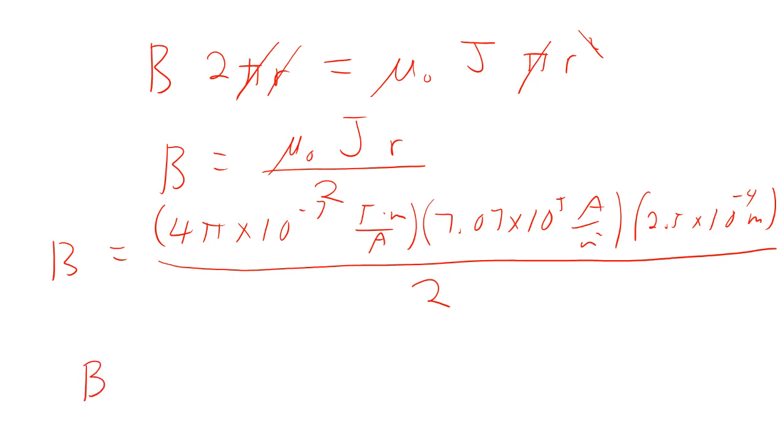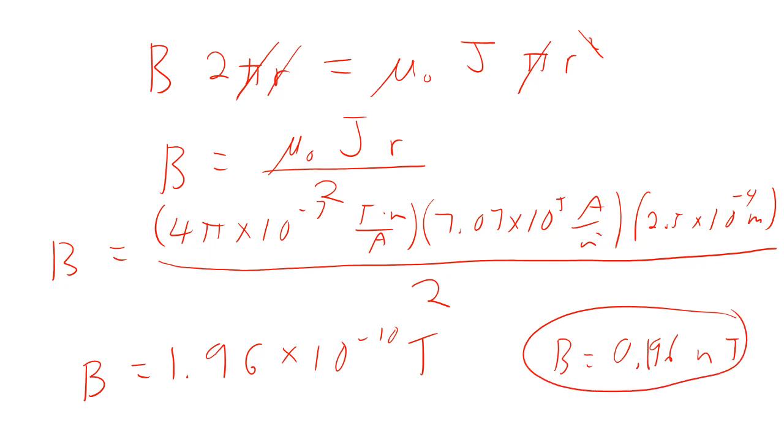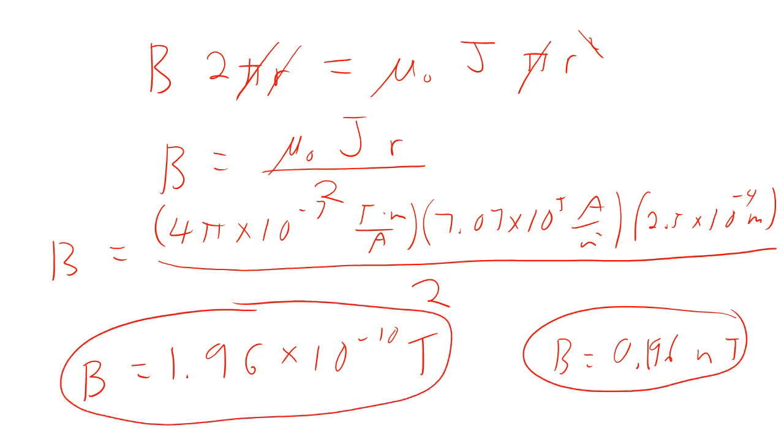And so that gives us a magnetic field of 1.96 times 10 to the minus 10 tesla. Or, if you'd like to write it a little bit neater, that's 0.196 nanotesla. Either one of those is okay. So there we have the magnetic field at that distance.